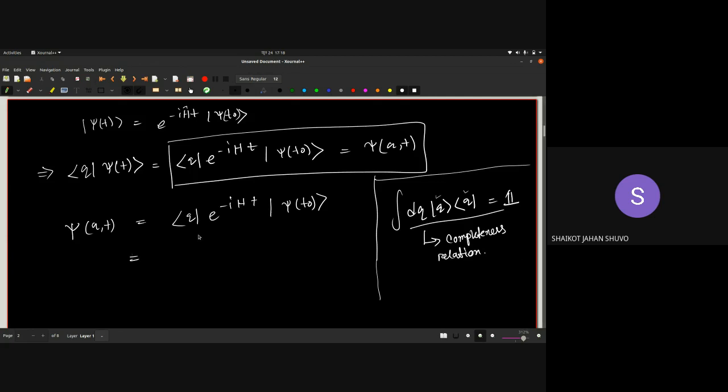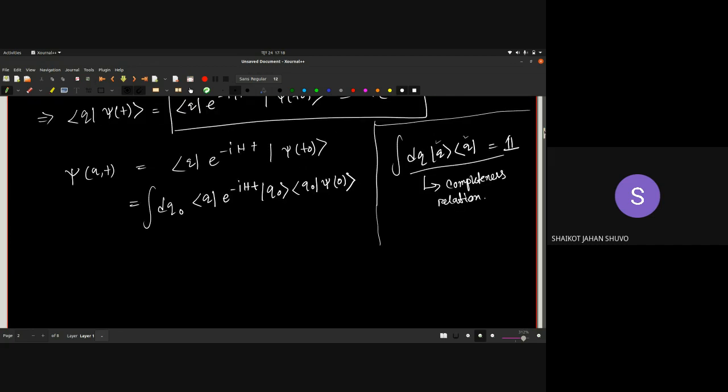So what we want to do first is take some integral measure. There will be this q, e to the power iHt. There is this q0, psi of, instead of t0 I can write 0 just to make my life a little bit easier, right?